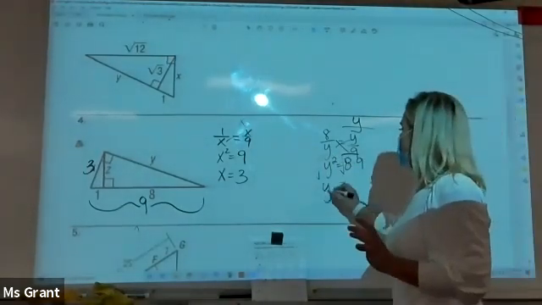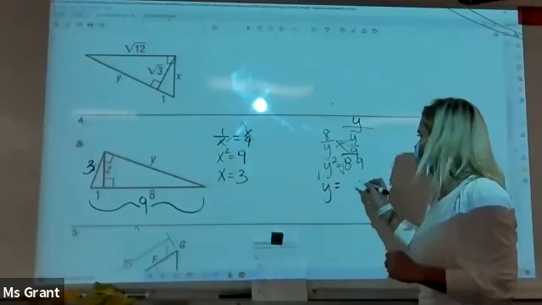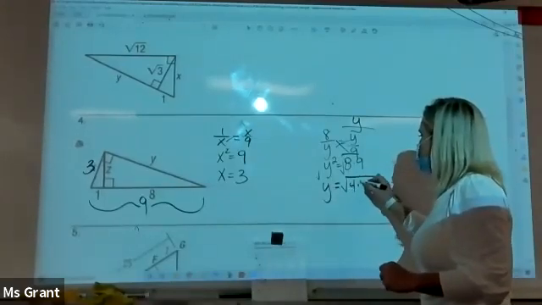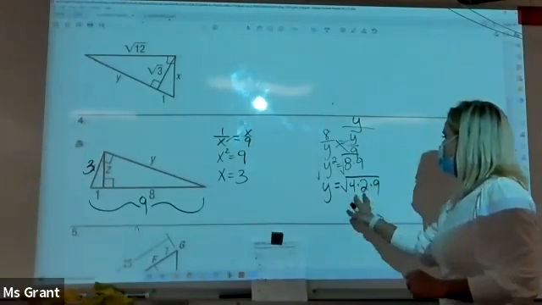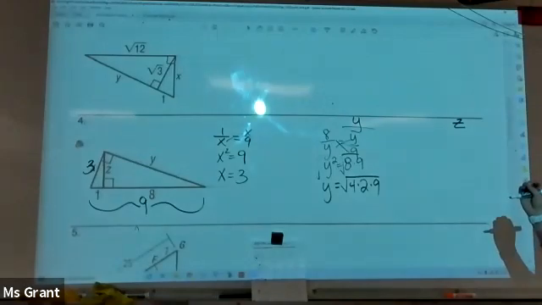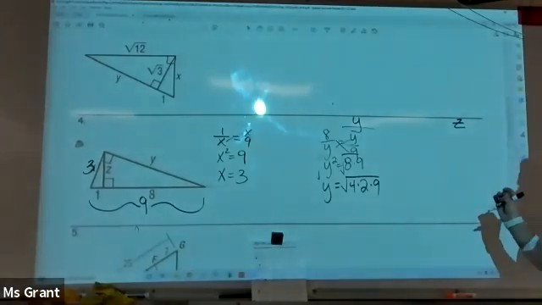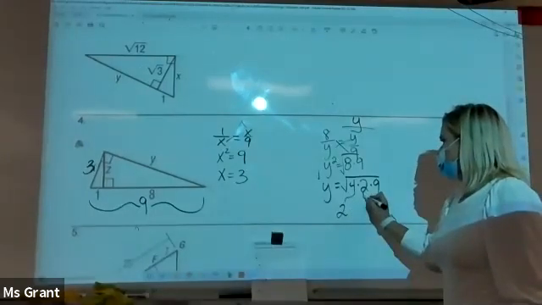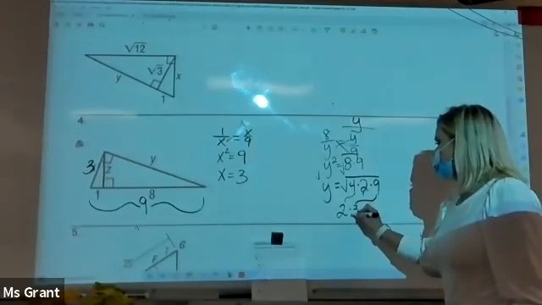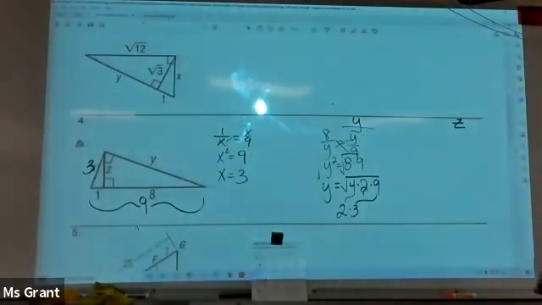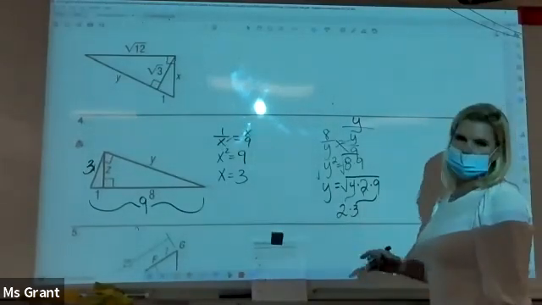Here's what I'm going to write for all my breaking down of 72. The square root of 4 times 2 times 9. 8 times 9. Out comes a 4, out comes a 9. The 4 becomes a 2, the 9 becomes a 3.